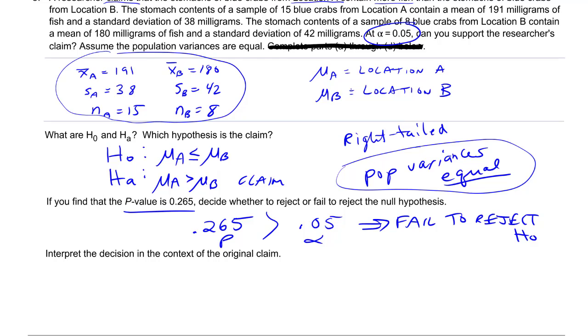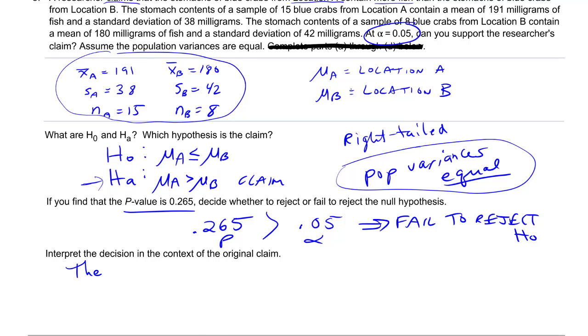Okay, so again, we're looking at the claim being in the alternative. We're in support mode. So our decision is either going to be that we have enough evidence to support the claim or we don't. Well, let's see what happened. We failed to reject H0. We were not able to bring ourselves to the alternative.